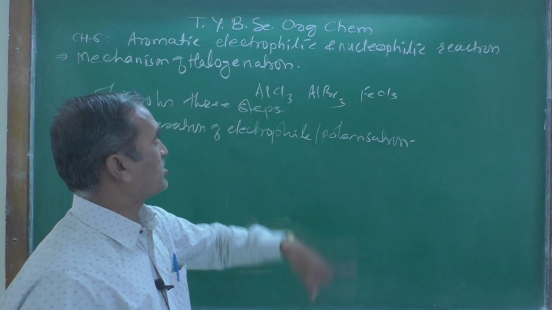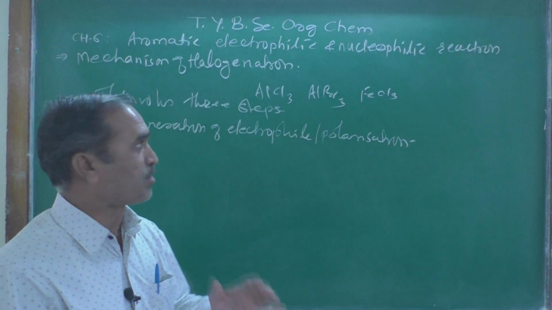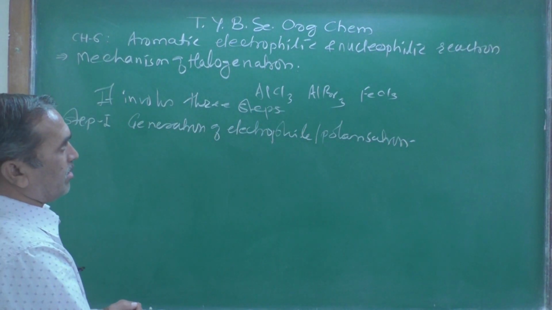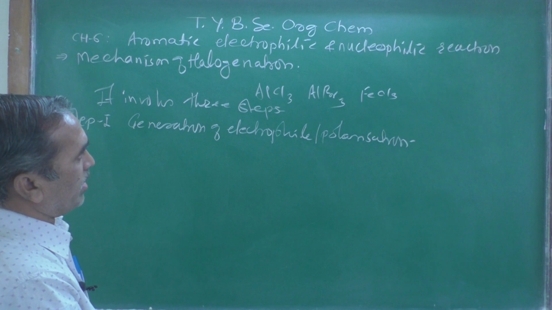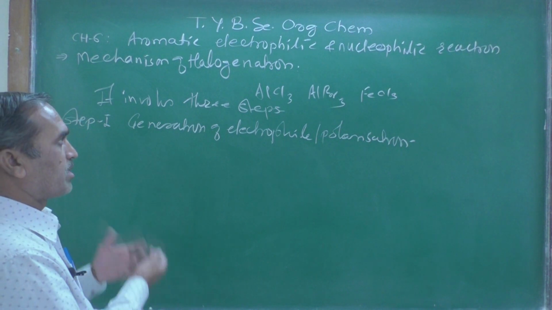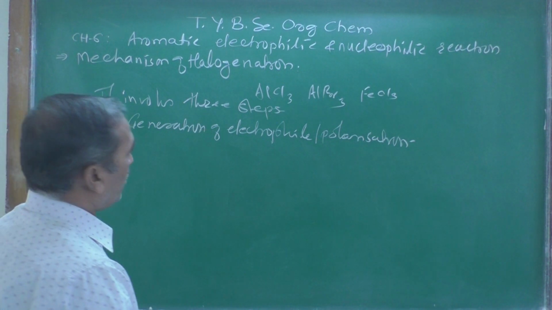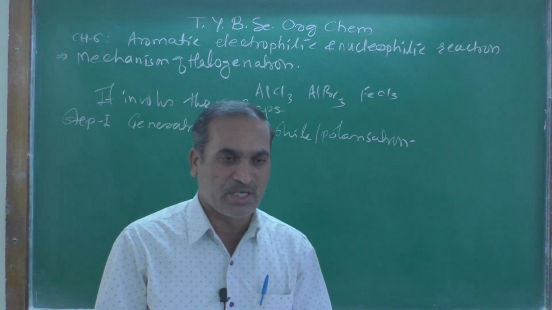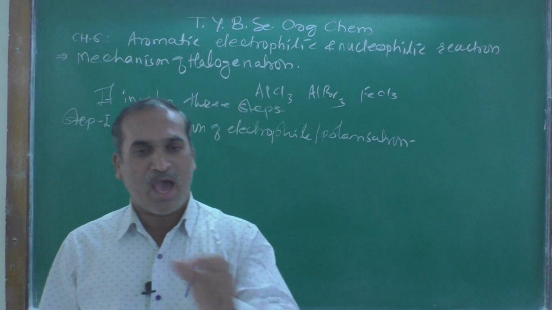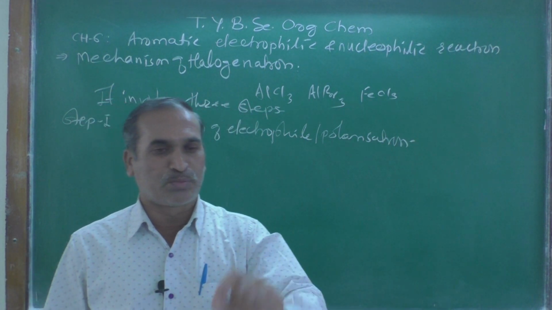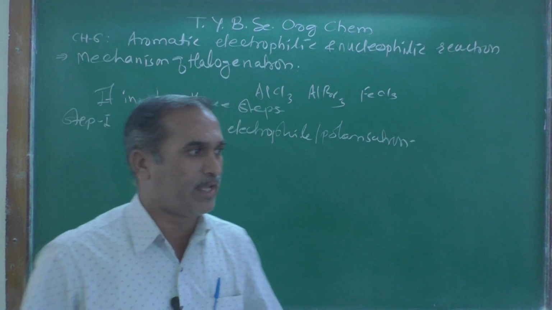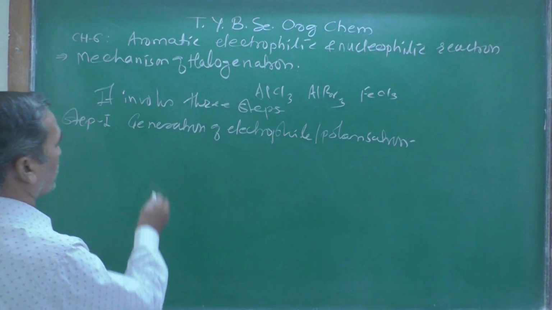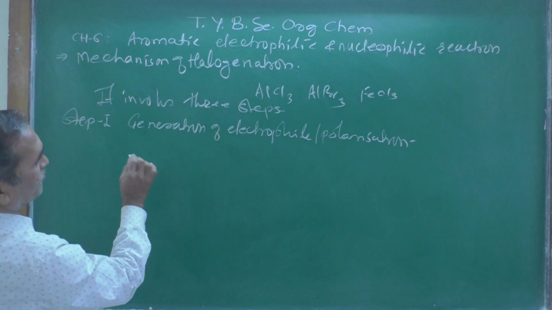Whatever Lewis acid we are using in this reaction, such as aluminum trichloride or aluminum chloride, aluminum bromide or iron chloride, these are the Lewis acids used here to polarize the halogen molecule and to produce the electrophilic halogen atom. So that is the first step. Let us see here what we are taking.